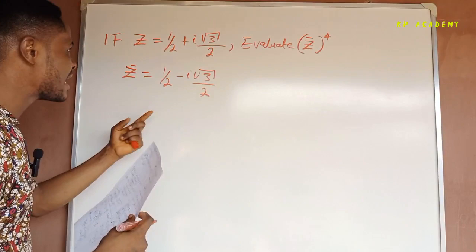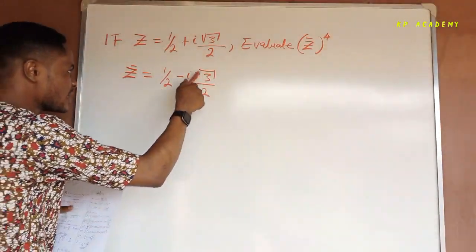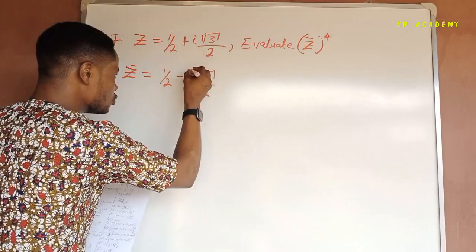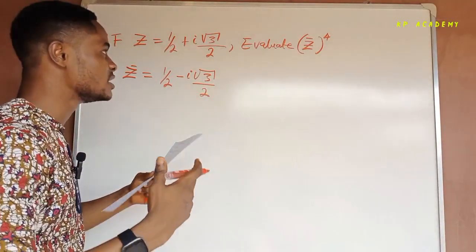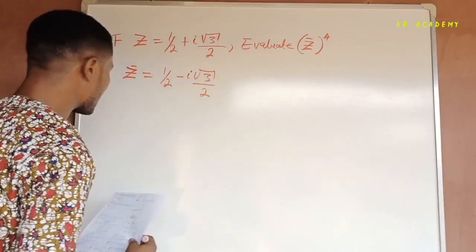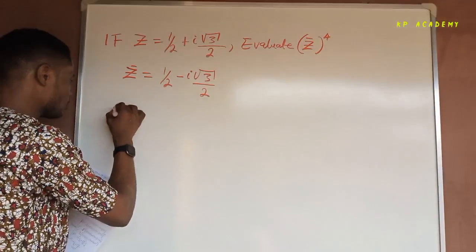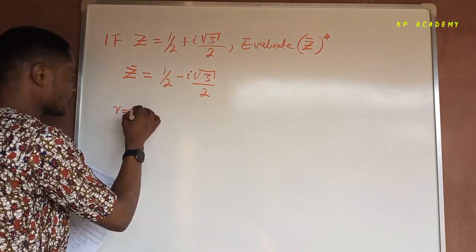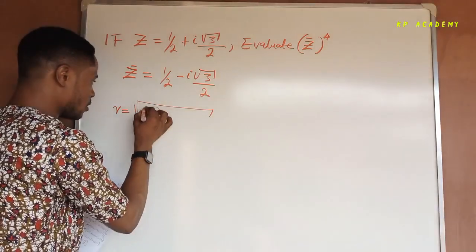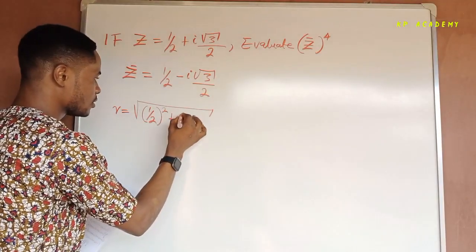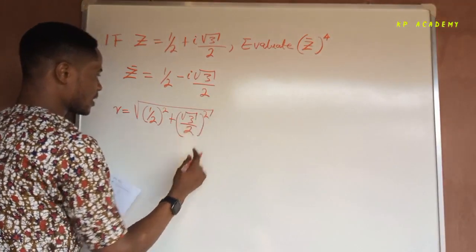But before we can find the whole of this raised to power 4, we need to put this complex number, which is in basic form, in polar form before we can use De Moivre's theorem to expand. Alright, so to put this in polar form, we need to first find the modulus of this complex number, which is nothing but r equal to the square root of (1 over 2) all squared plus (root 3 over 2) all squared.